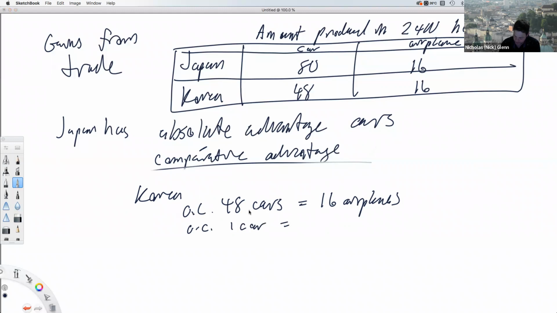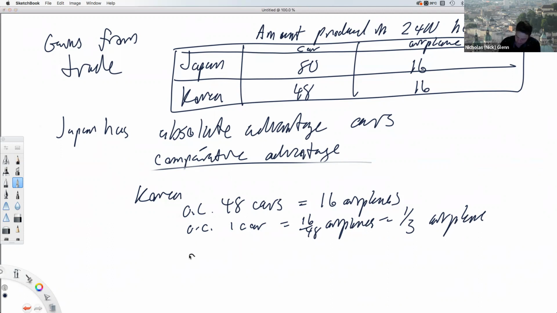Let's divide both sides by 48. 48 by 48 is 1, and 16 divided by 48 equals 1/3 of an airplane. So the opportunity cost of producing one car will be 1/3 of an airplane. They'll be able to produce 1/3 less of an airplane if they produce this additional car.